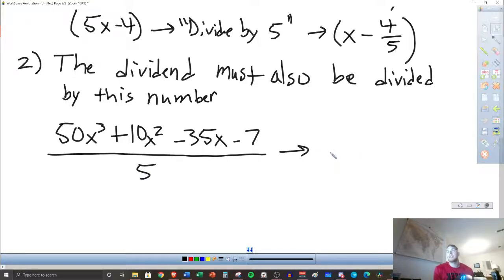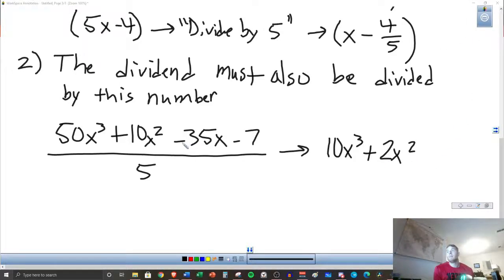So that's going to get us, well, 50x cubed divided by 5 is 10x cubed, plus 10 divided by 5 is 2x squared. Then negative 35 divided by 5 is negative 7x. And then negative 7 over 5 is negative 7 over 5, and we're just going to write it that way.